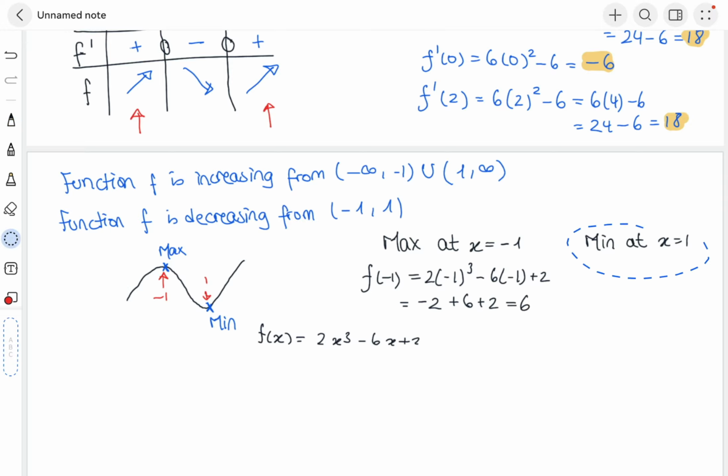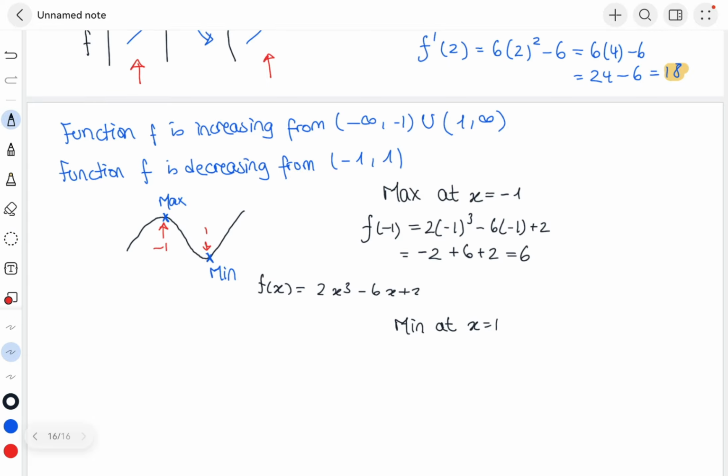We do the same now to find the minimum. We replace f at 1, which leaves us 2 times 1 cubed minus 6 times 1 plus 2. 1 cubed is 1, 1 times 2 is 2, so 2 minus 6 plus 2 will leave us with -2.